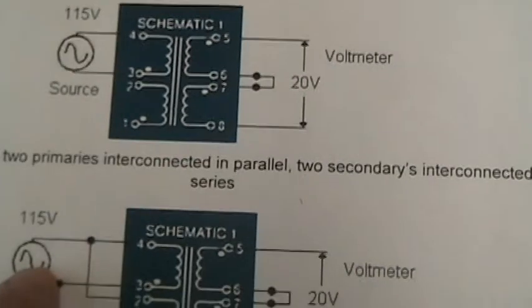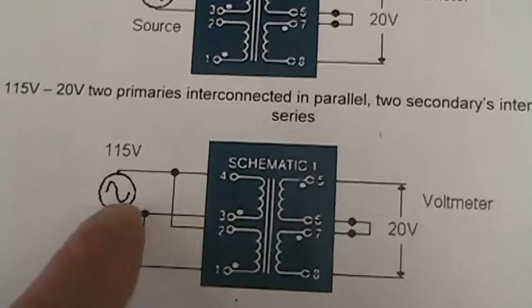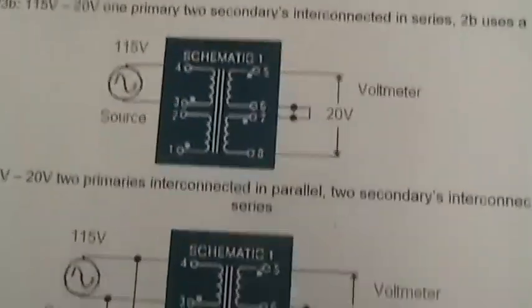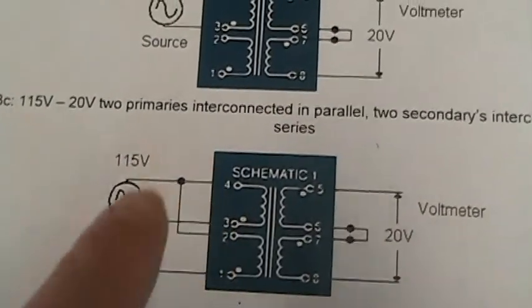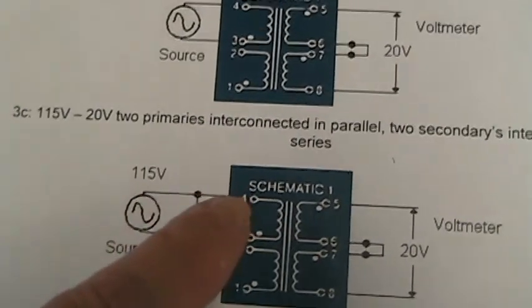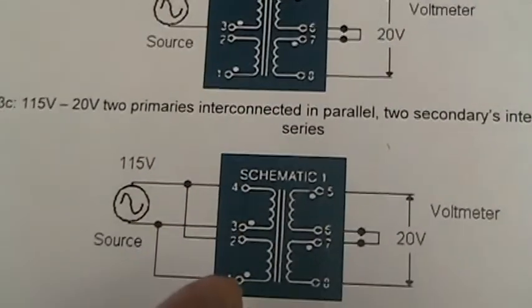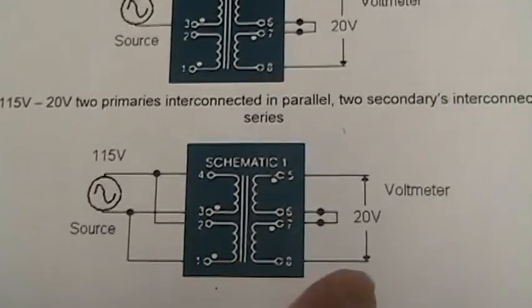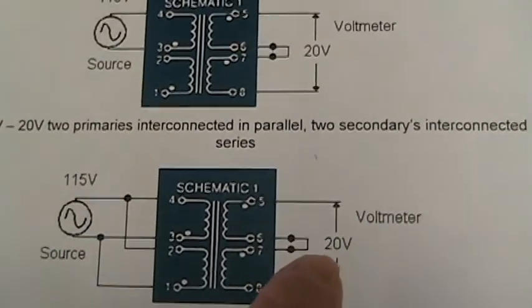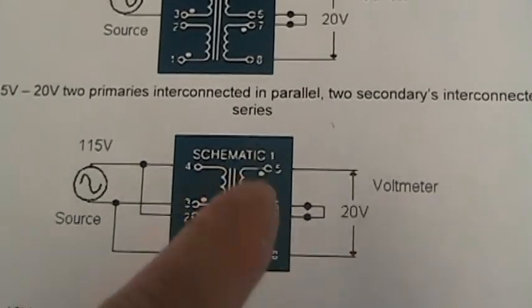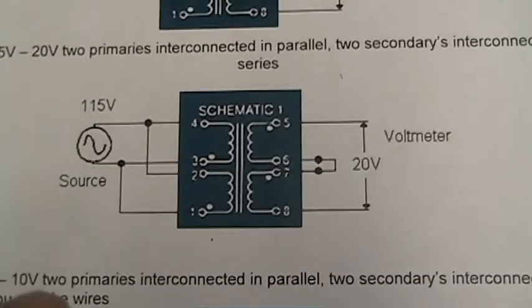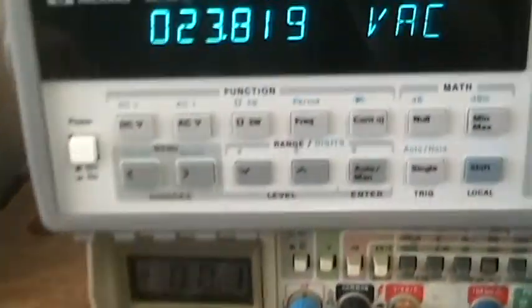In this case, 115 volts in parallel means we connect each of the respective primary windings, maintaining dot polarity, so 4 and 2 go to the same point, 3 and 1. On the output, same as before, we have the 20 volts, so we have 2 in series. So what we really want to look at in this circuit is how the voltage regulation changes.